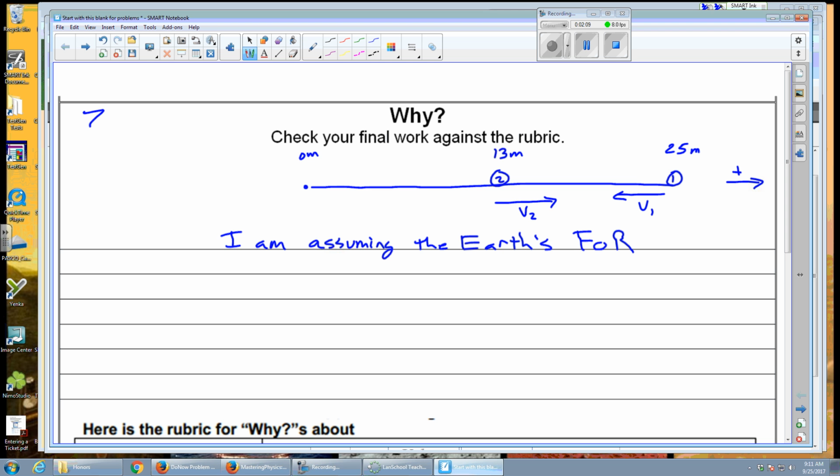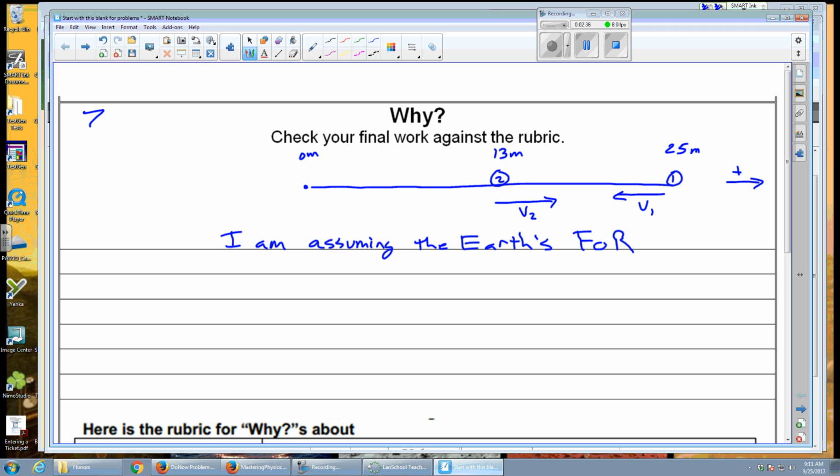And so what has to be true for the two of them to hit each other? Come on, don't be shy. They have to be the same place at the same time.